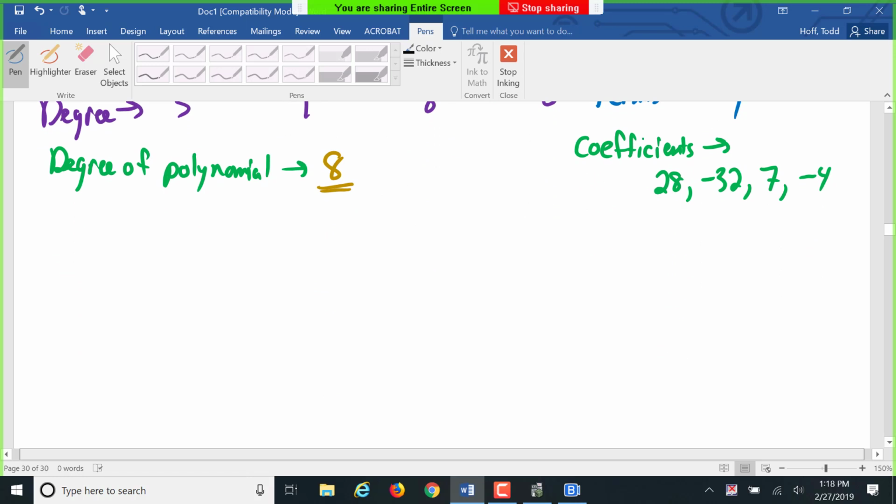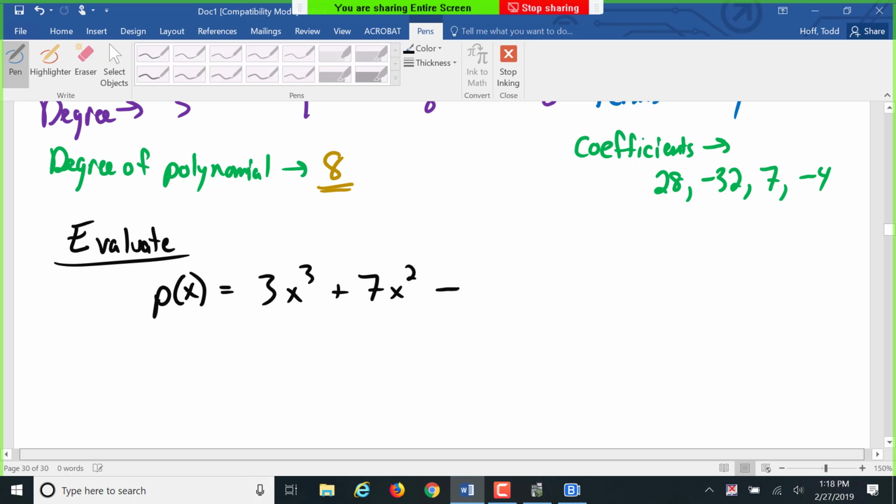So anyway, moving on from here, we can evaluate a polynomial. So if we're asked to evaluate the polynomial 3x to the third plus 7x squared minus 9x plus 13 for x equals 2.